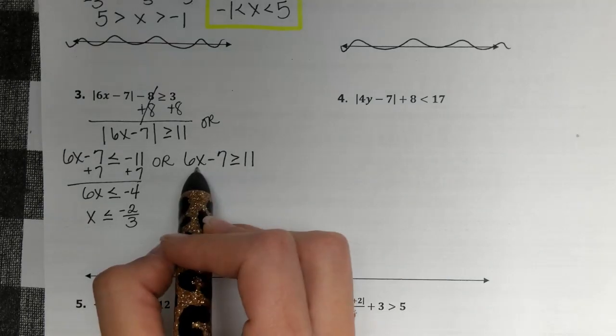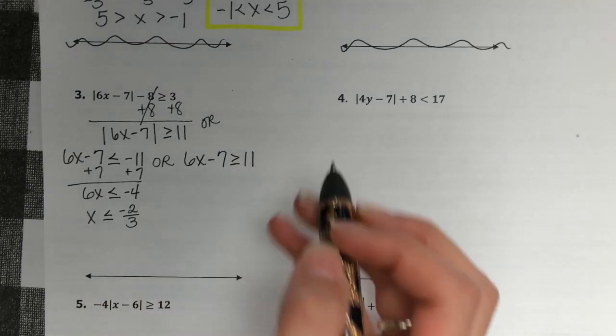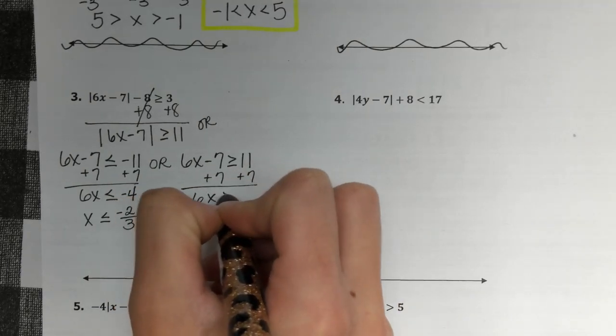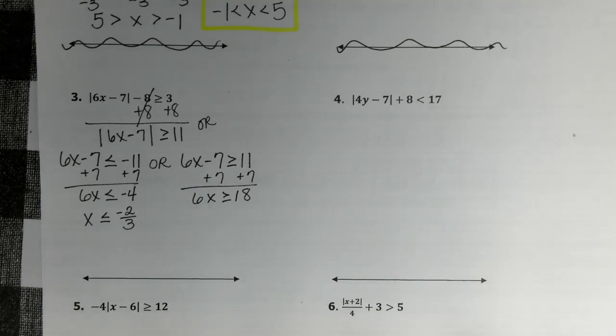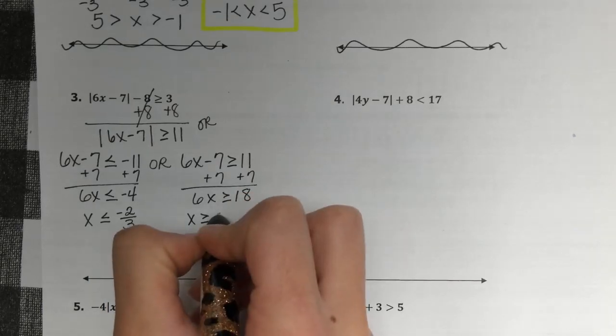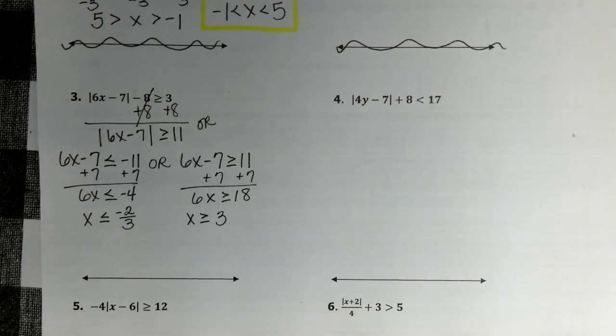And then I've got 6x minus 7 is greater than or equal to 11, so I'm going to add my 7. 6x is greater than or equal to 18. Divide by 6, and x is greater than or equal to 3.